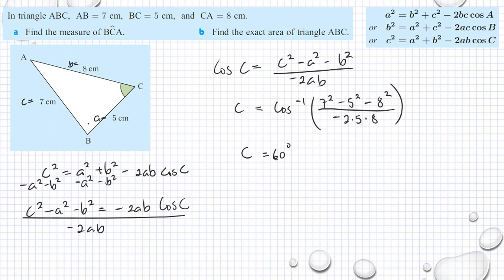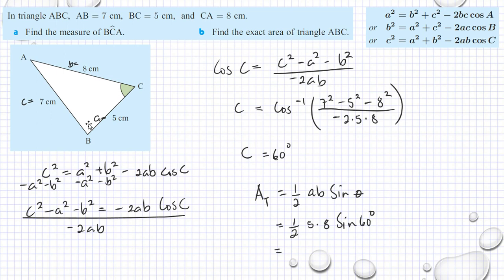Find the exact area of triangle ABC. The area of a triangle is equal to 1/2 AB sine theta. Then we have 1/2, our A is 5 times 8, and our theta is 60 degrees.